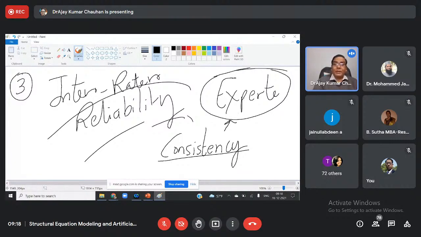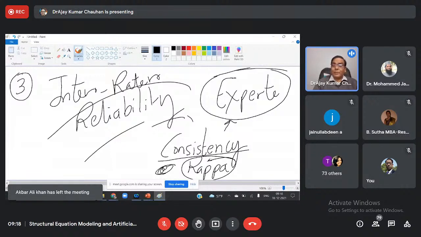That is called inter-rater reliability. Inter-rater reliability consistency is measured by a measure called kappa. So kappa is measuring the inter-rater reliability. Kappa is measured only when you are collecting the data from the experts. Otherwise, this is not applicable.